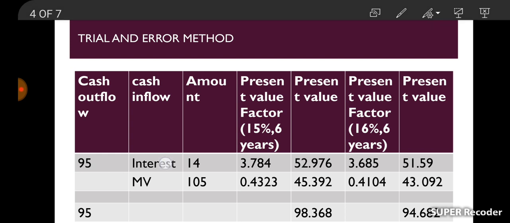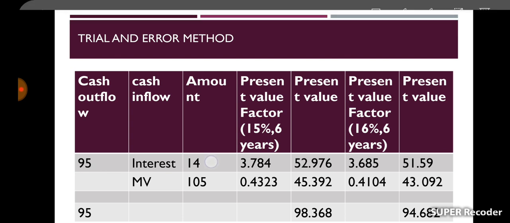We will get interest of ₹14. Here we need to write the interest amount, not the interest rate. The face value of our bond is ₹100 and the coupon rate is 14%, so 100 into 14% gives 14 as the interest amount, and we will get ₹14 for 6 years. So we are getting an annuity for 6 years.